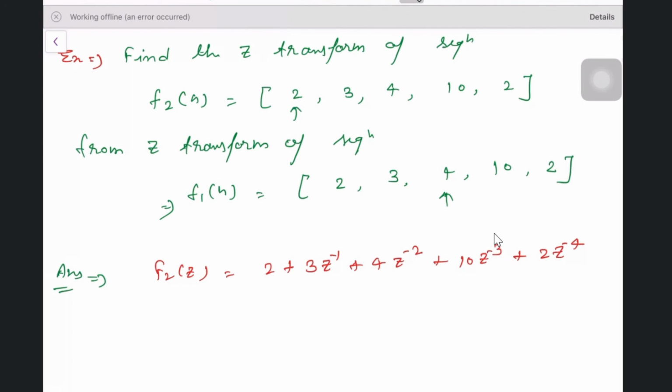So that will be the answer. Try to solve and compare the result, whether the final result is coming to this one or not.